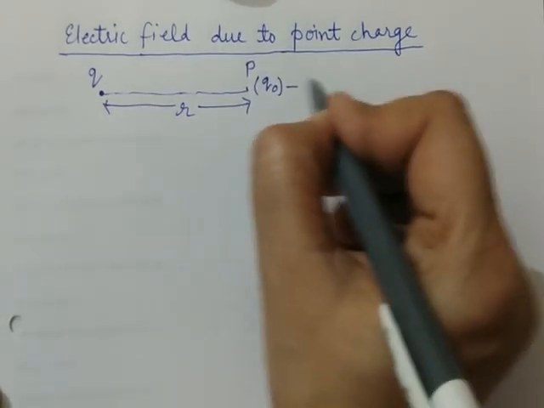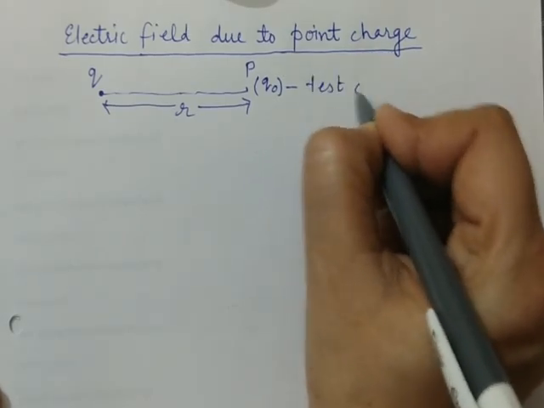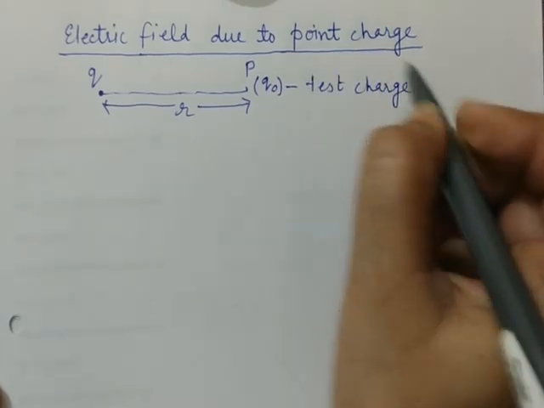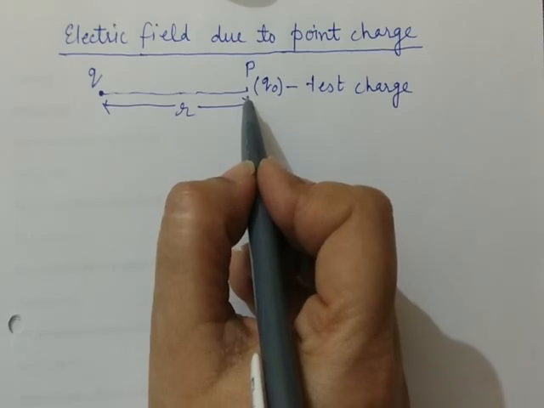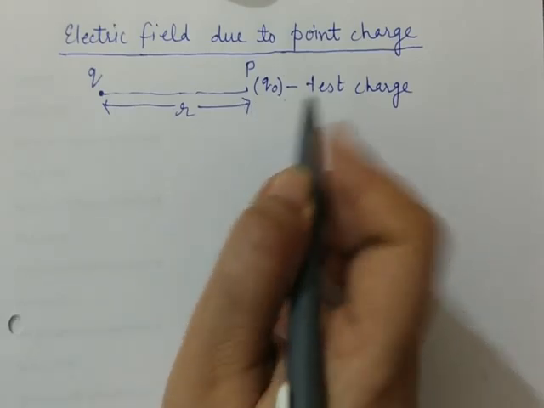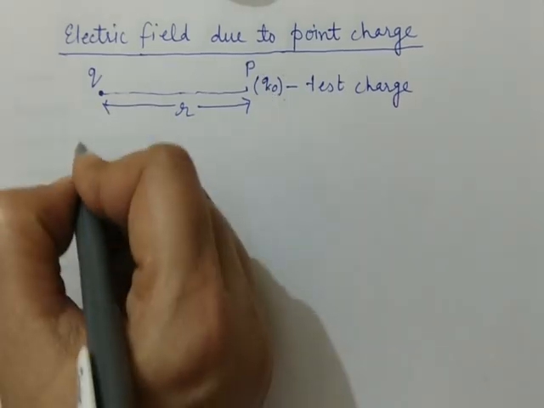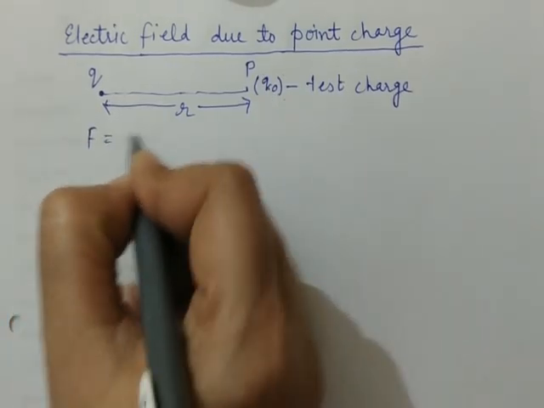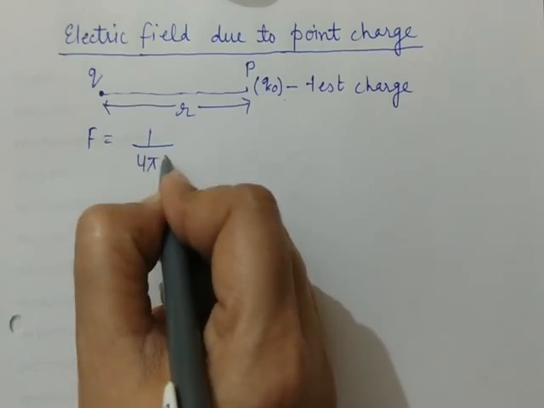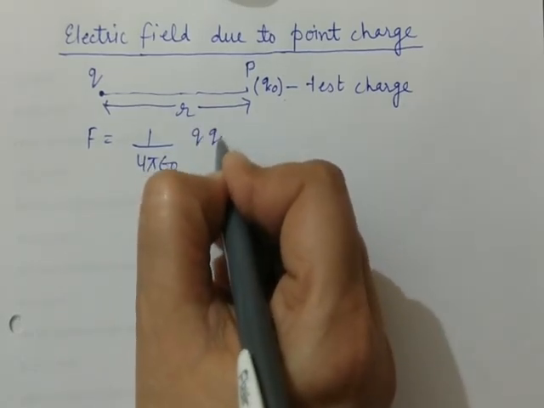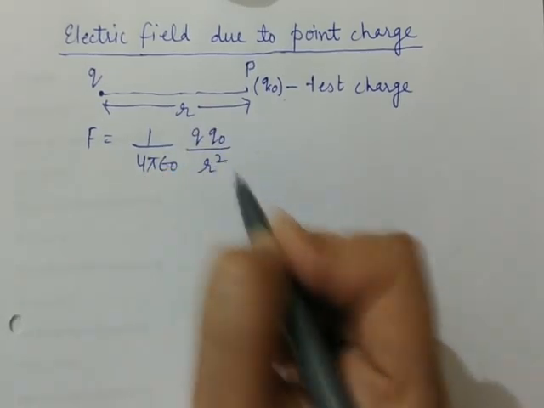Because we are assuming it, we call it a test charge. A charge which is assumed to be present at a position is called a test charge. Now Q and Q naught will experience a force. That force is given by 1 upon 4 pi epsilon naught Q Q naught upon r square.